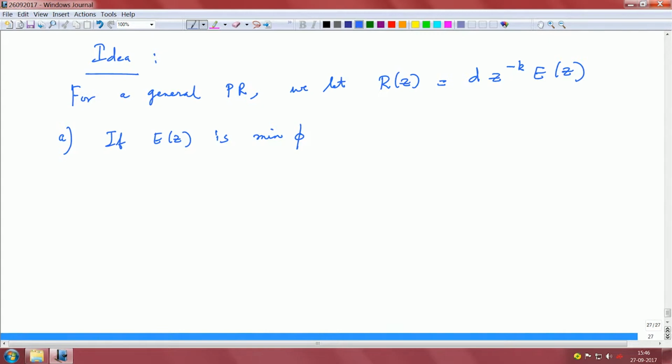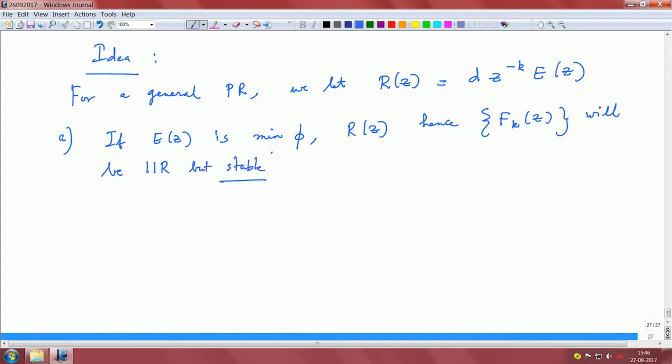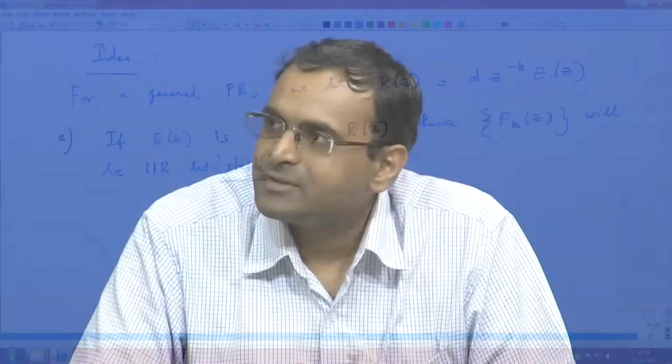So, if it is minimum phase, then R of z, hence the synthesis filters Fk of z will be IIR but stable. Right, because if you just invert it, the zeros will become the poles and the poles will be zeros. So, therefore, stability is ensured.